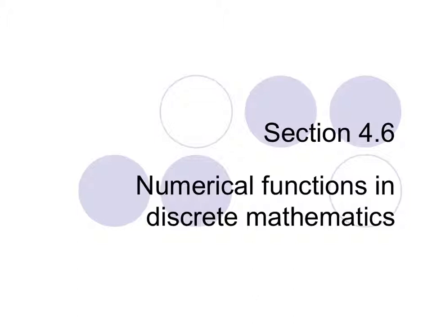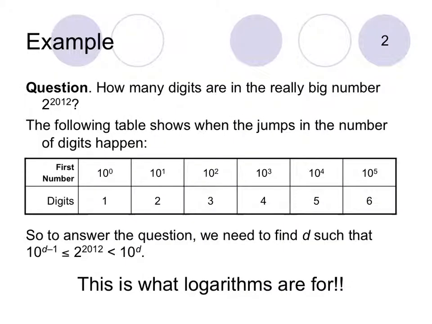So the first example we did was to try to figure out how many digits are in this really large number, 2 to the 2012. I think in class we did a slightly different number, but this is the same idea.